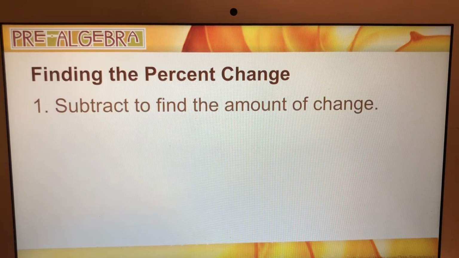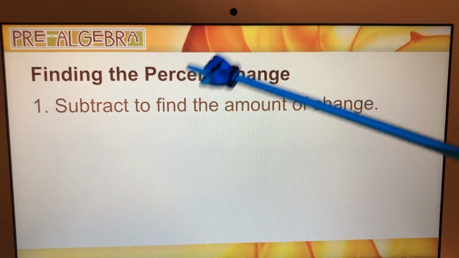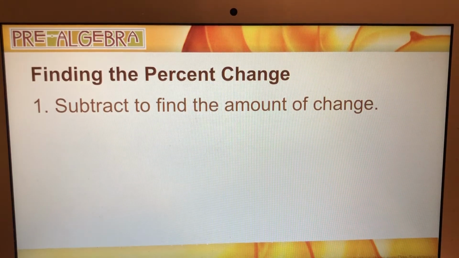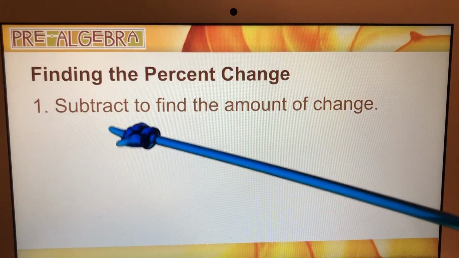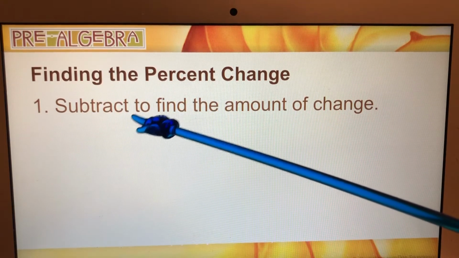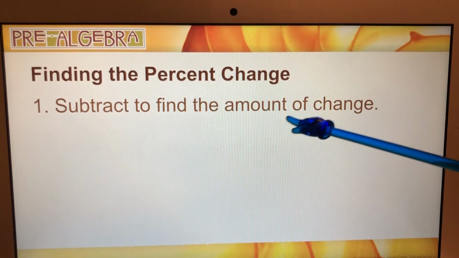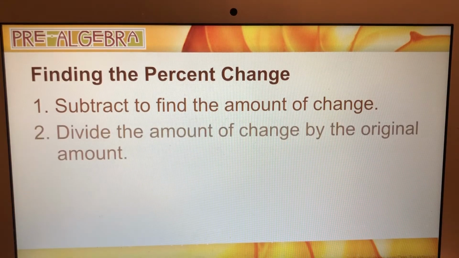Finding the percent change, you first subtract to find the amount of change. So you subtract the original amount from the new amount, and that will give you the amount of change.